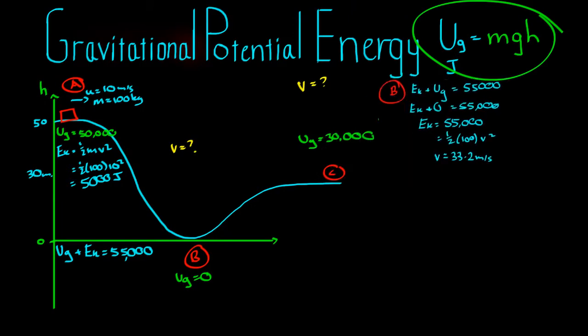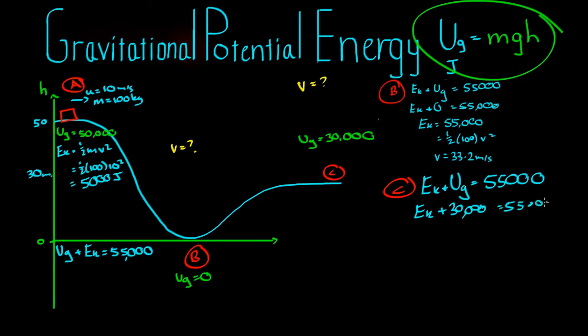We know that at C, EK plus UG must equal 55,000. EK is the mystery, but we know UG, that's 30,000. So taking 30,000 from both sides, EK is equal to 25,000.